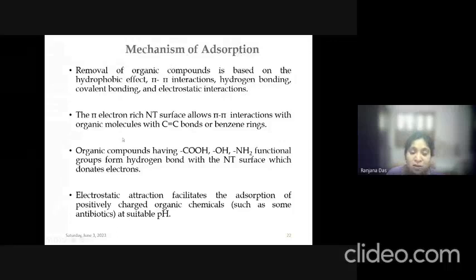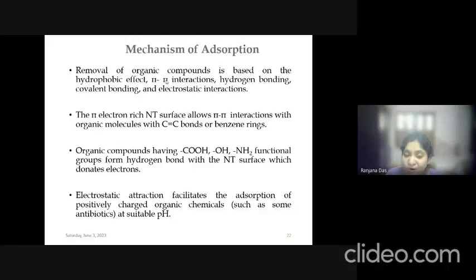The nonpolar molecules, those molecules which are having some pi electron cloud there, can be absorbed by this carbon nanotube because of these pi-pi interactions.